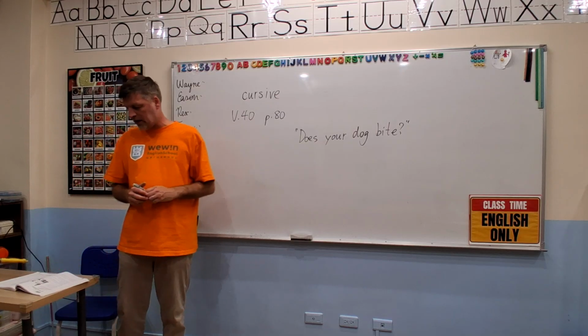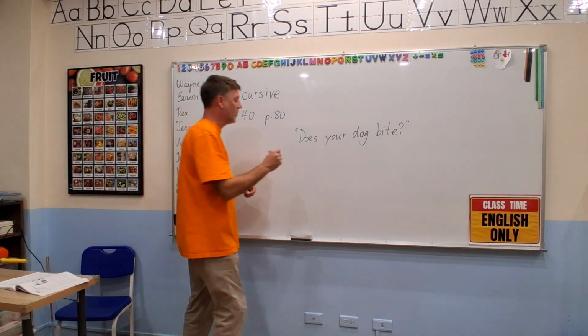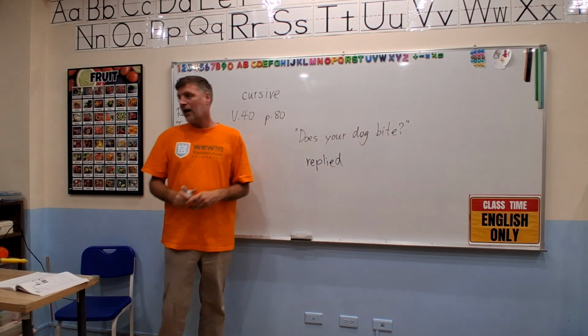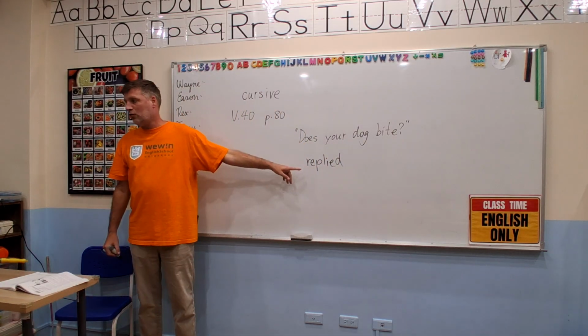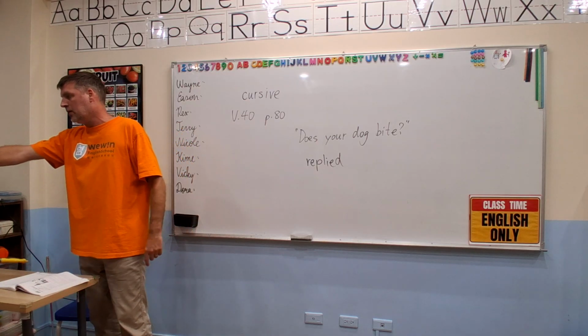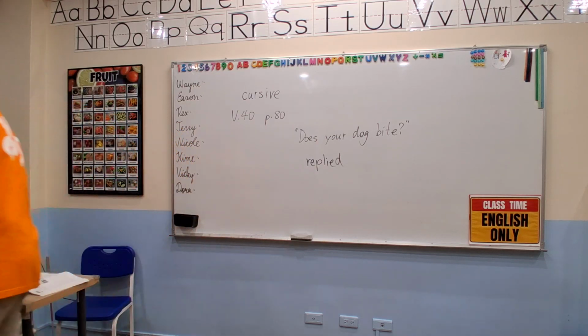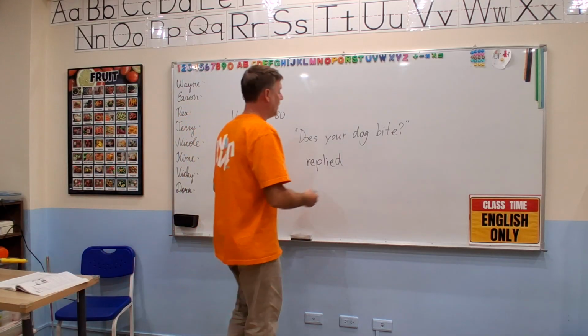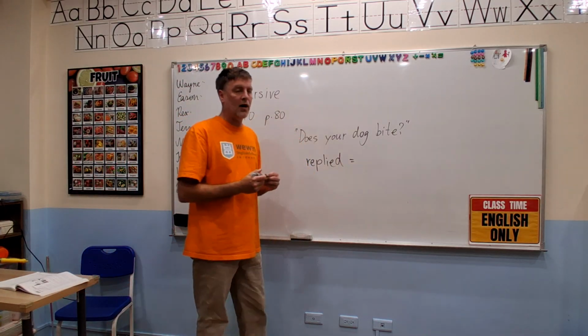Okay, and the last one is Sue replied. That's another one I want you to highlight. So Wayne, can you highlight this? Replied. Sue replied. At the bottom, right at the bottom. Can you give me another word that means replied?